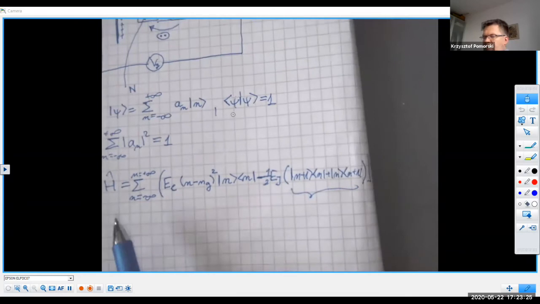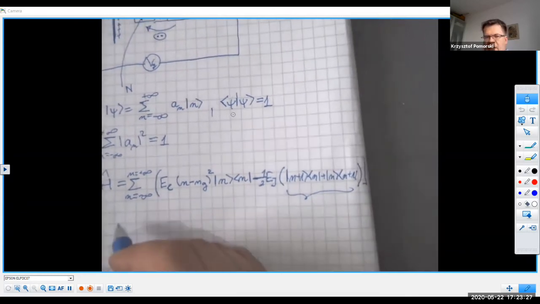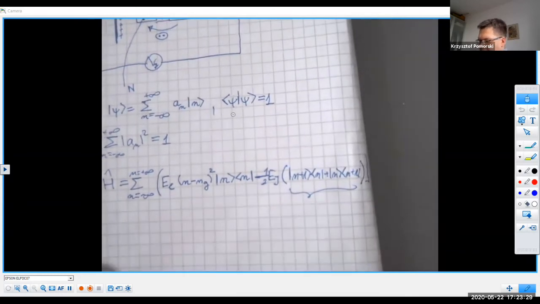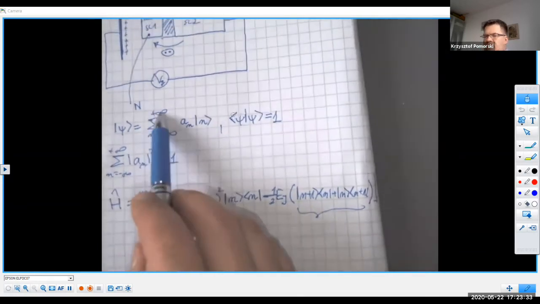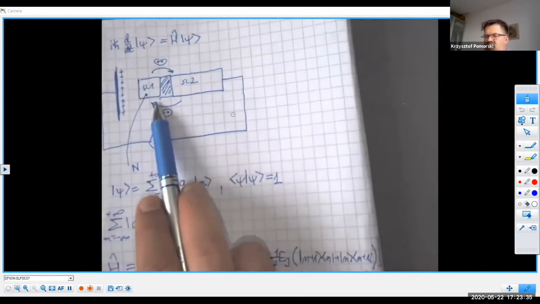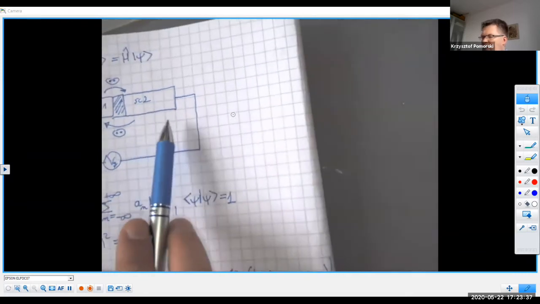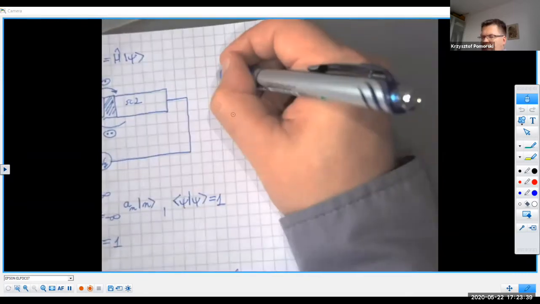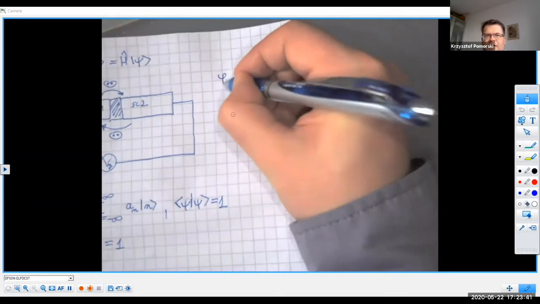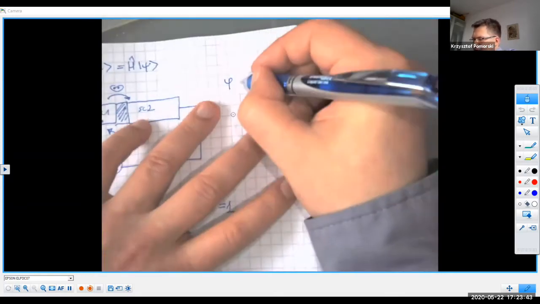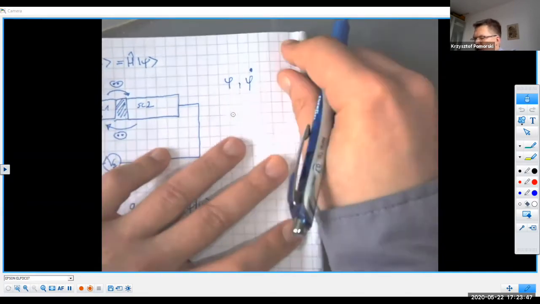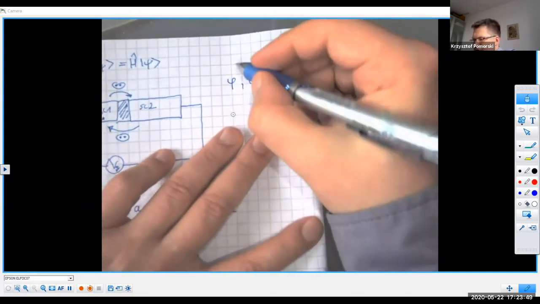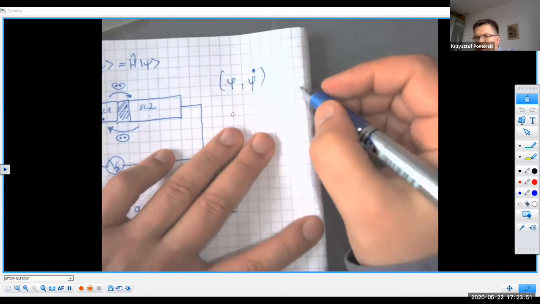So now we have a Hamiltonian, and there are two parameters to describe this system. Before, you remember, there was a picture of phase and phase change with time, and this was such a representation.